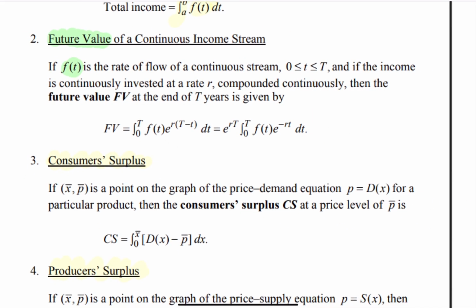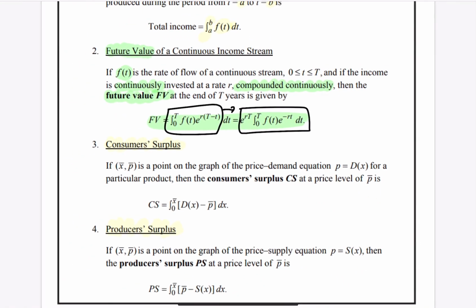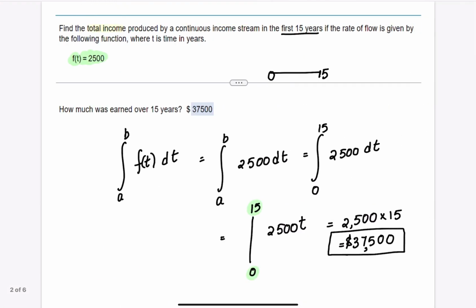If the income is continuously invested and it's compounded continuously, then the future value is this. I would like to use the final one, because from here you will get to this one. So go ahead and use the second part of it, which is much simpler. So first let me go ahead and write that formula.